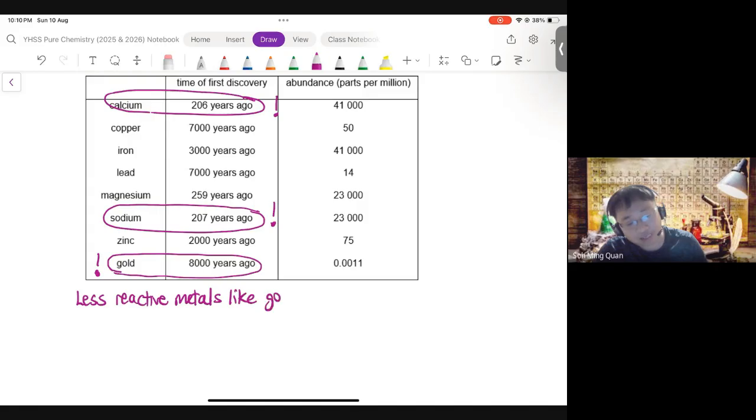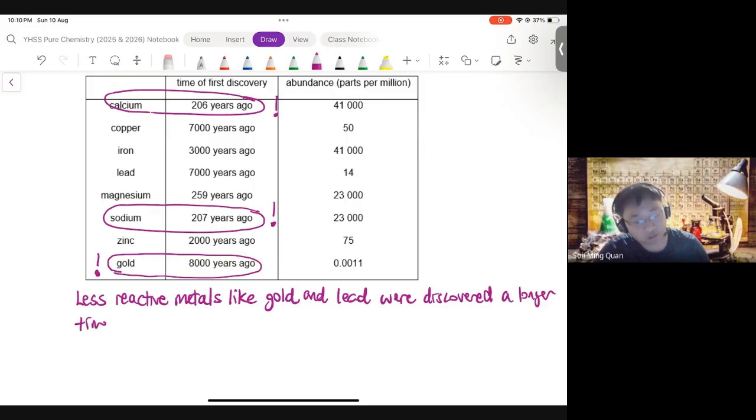So less reactive metals like gold and also lead probably were discovered a longer time ago. You're talking about a few thousands of years ago. So gold and lead, they were discovered thousands of years ago. Copper as well. Okay. And that's why you had a Bronze Age. Bronze was basically copper and tin. All right.